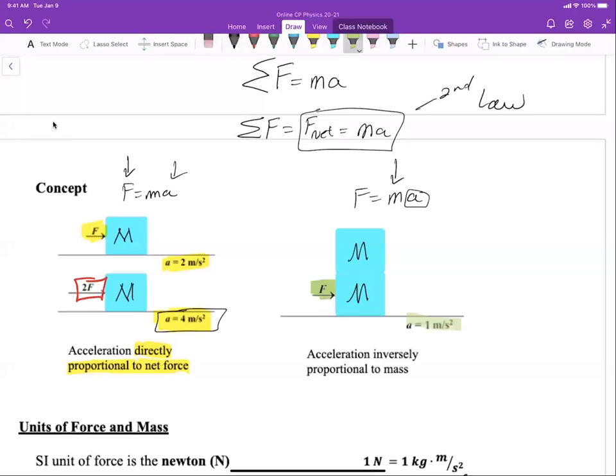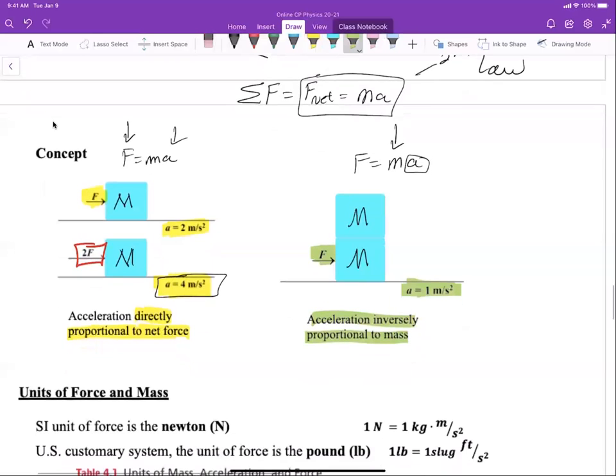And it was decreased by a factor of 2. I doubled the mass, so I had to take the acceleration and decrease it by a half. And this is what we call inversely proportional to the mass. So acceleration is directly proportional to the force and inversely proportional to the mass.